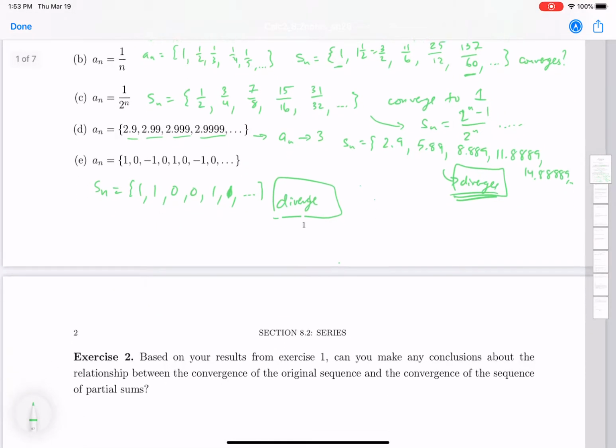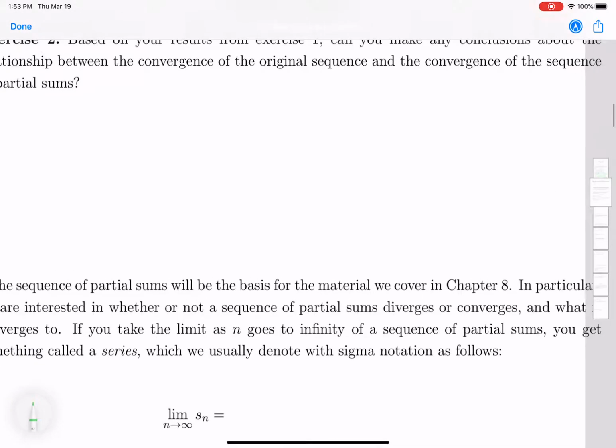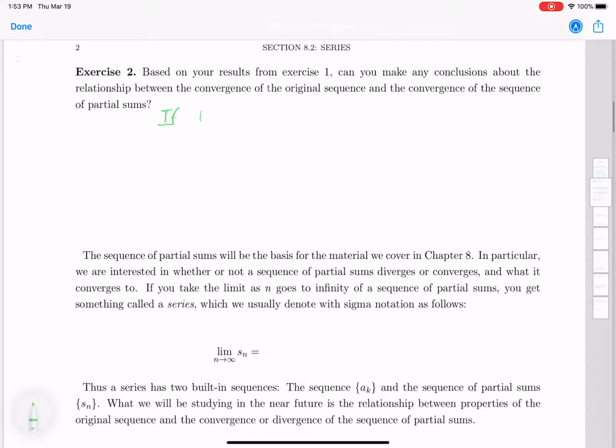So some of the things that I notice about this is if the original sequence converges, the s sub n may or may not converge.